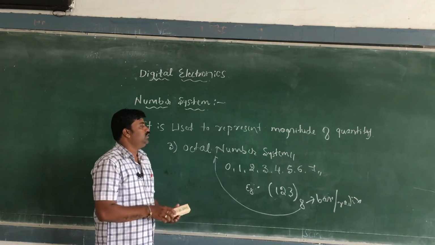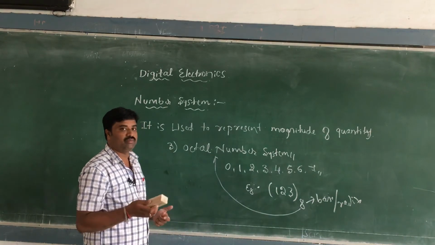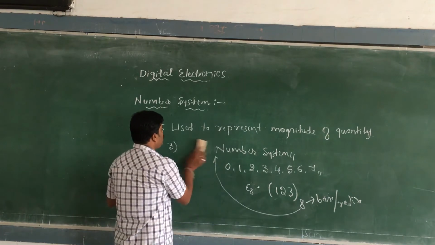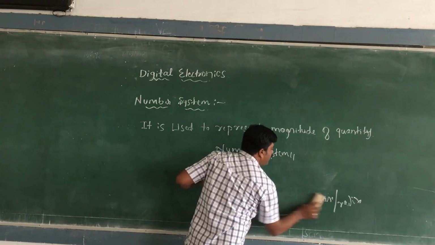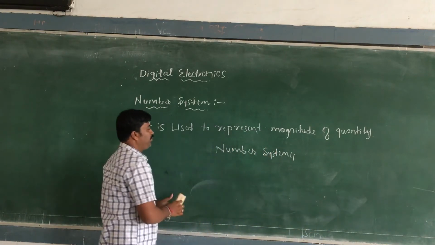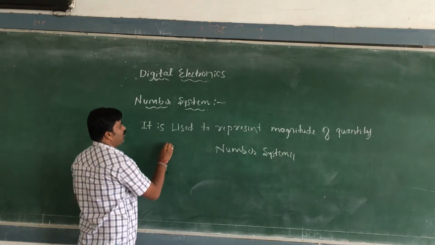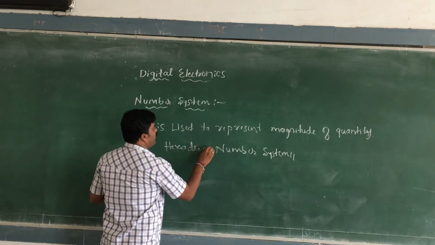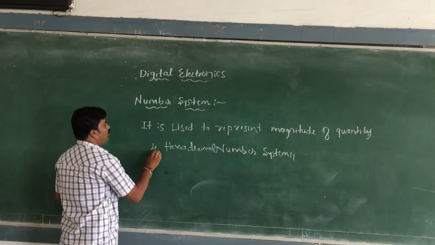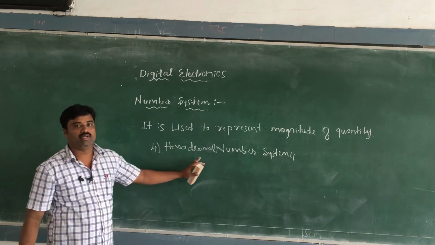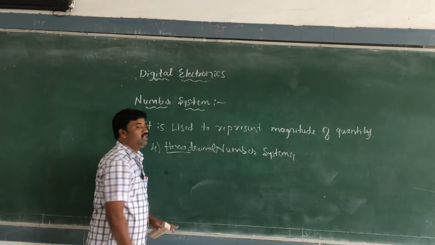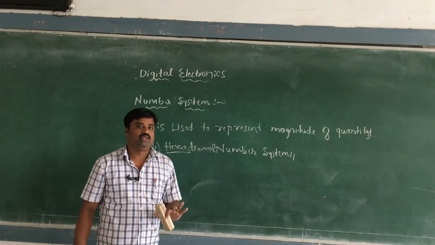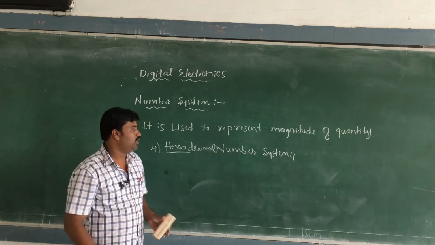And then the last one is the hexadecimal number system. The fourth one is the hexadecimal number system. Hexa means 16 numbers.